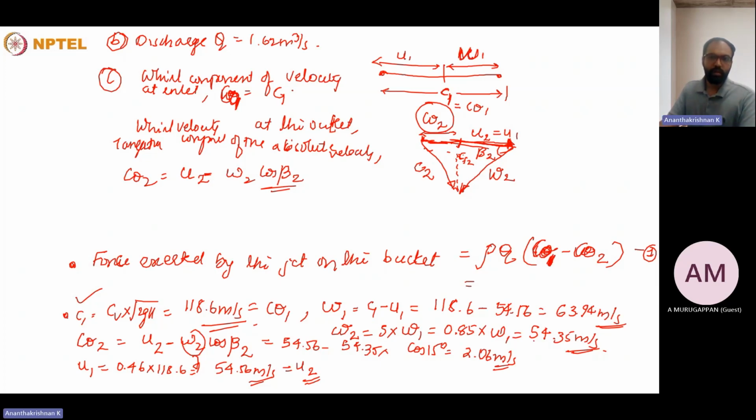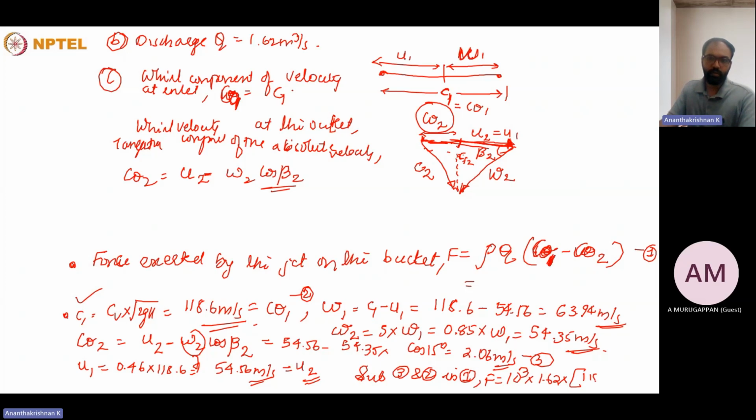So substituting the value of c theta 2 and c theta 1, substituting 2 in 1, we'll get the force is equal to 10 cube into discharge we have calculated to be 1.62 multiplied by the c theta 1 minus c theta 2.